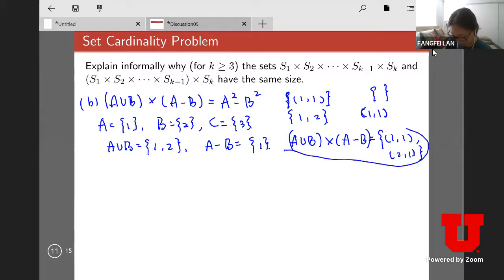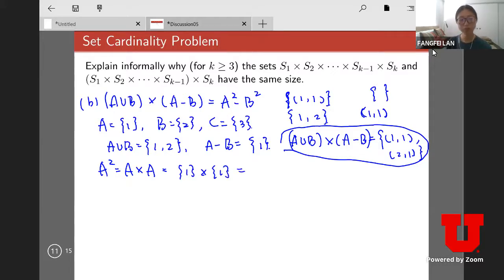But basically now here we have this, and this is our left-hand side. So what is A squared? A squared is A cross A, right? And A is 1. So what is A squared? We have 1 cross 1.